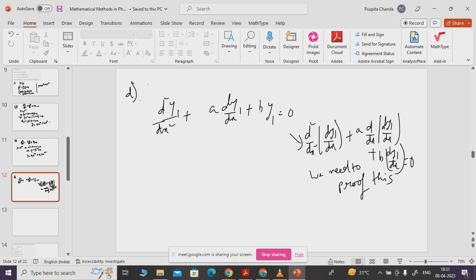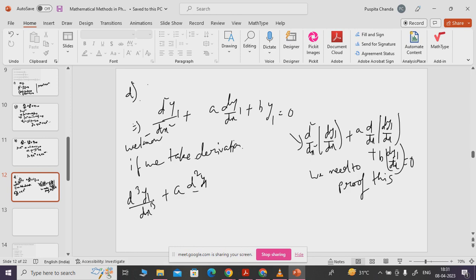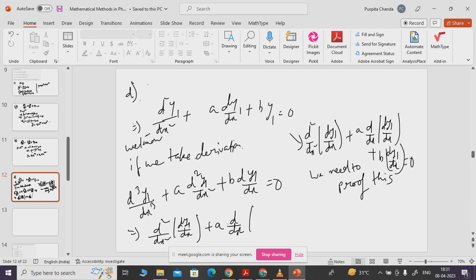We note this, and if we take the derivative of this, we will get d3y1 dx3 plus a, which is a constant, d2y1 dx2 plus b dy1 dx is equal to 0, which can be written as d square dx square of dy1 dx plus a d dx of dy1 dx plus b dy1 dx is equal to 0.